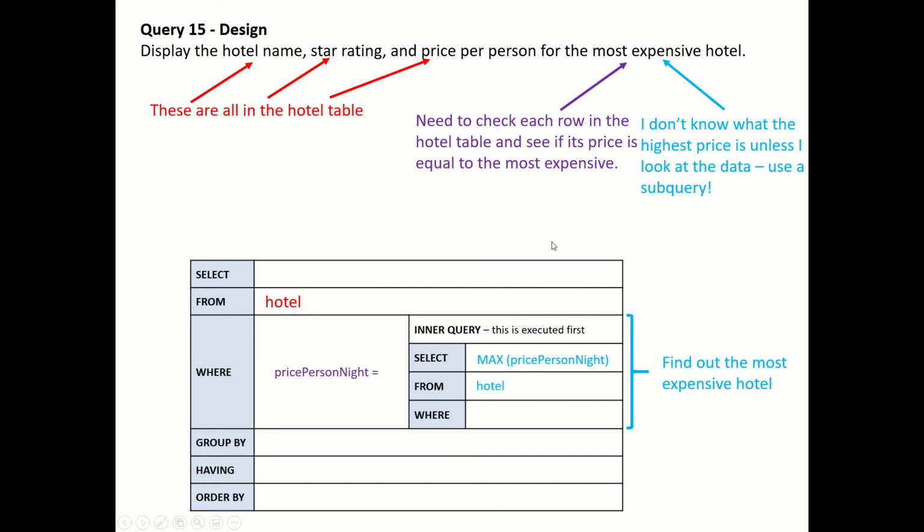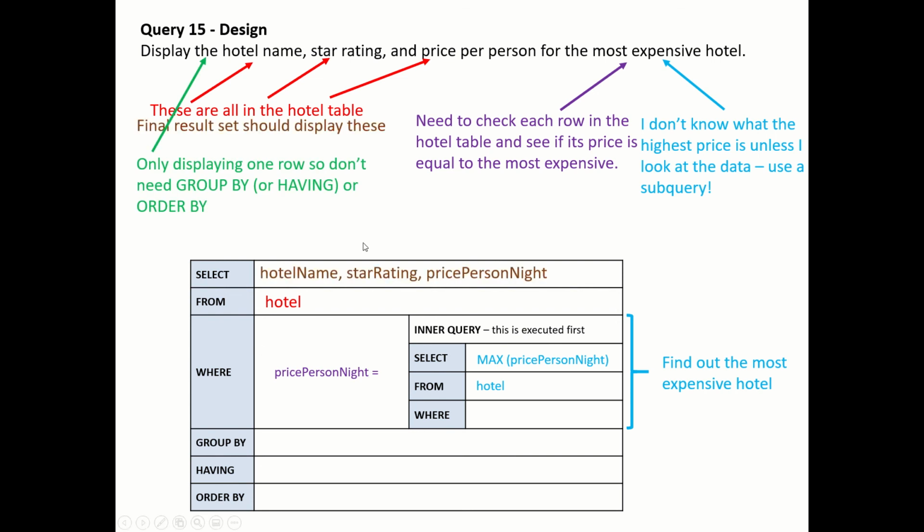So this is essentially replaced by whatever the maximum price is, then we're looking through, finding price person night equal to the maximum, and displaying these fields. It's beautifully laid out, isn't it? And there's no grouping or having or order by or anything in this.